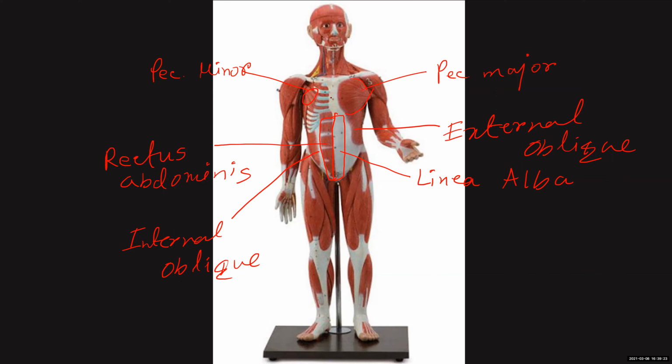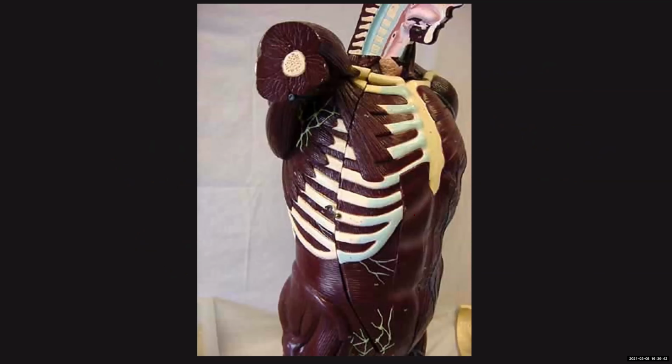So anteriorly for the chest and abdomen, we can see the pectoralis major, pectoralis minor, rectus abdominis, linea alba, external oblique, and internal oblique. Okay, so let's look at this.